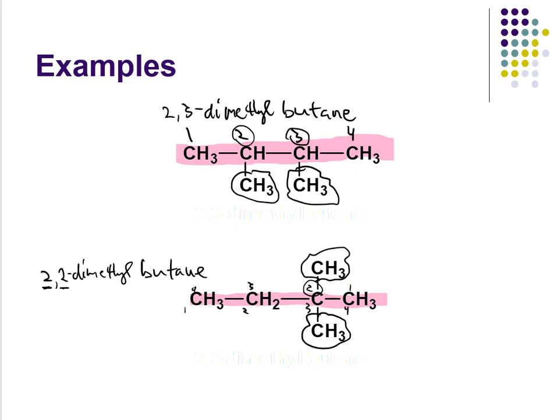So we are forced to write down 2,2, just to confirm that those 2 methyl groups that I have written after those numbers have been identified in their position. We cannot identify a group without a number. Every one has to have a number that's associated with it.